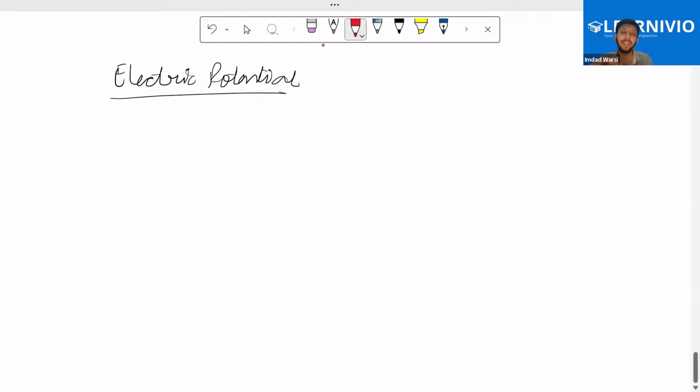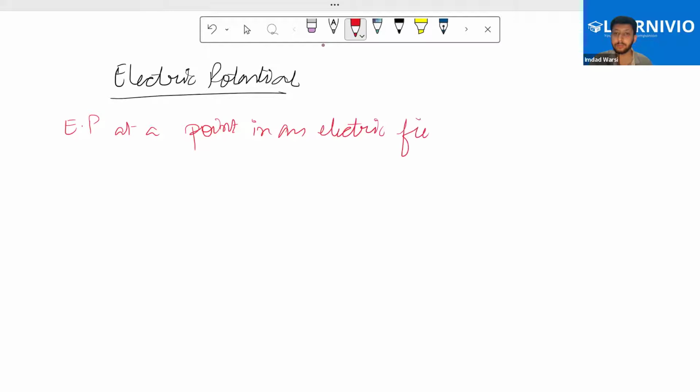Electric potential at a point in an electric field is defined as. Have you understood? First, you tell me, is this line clear, whatever we have written so far?